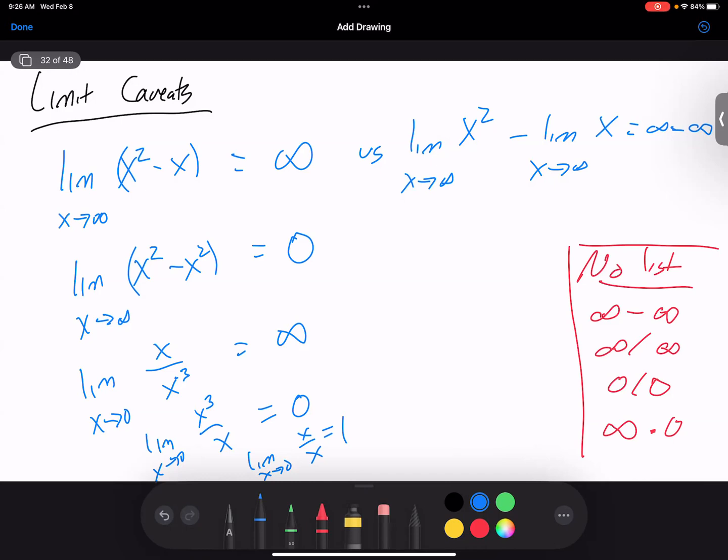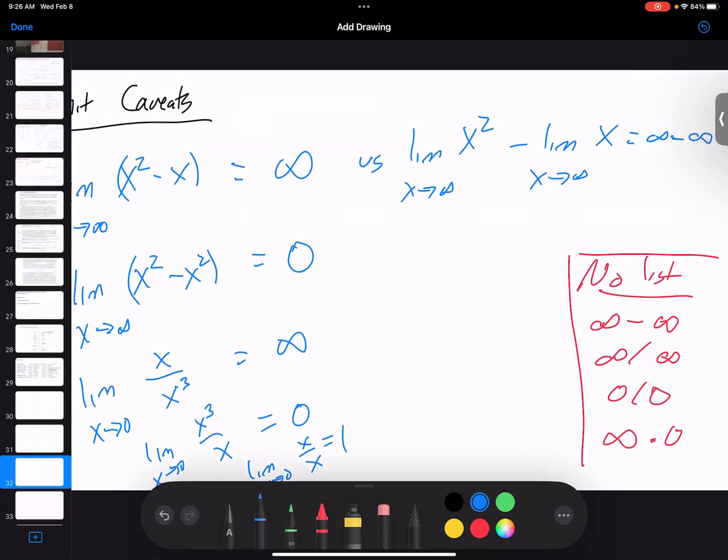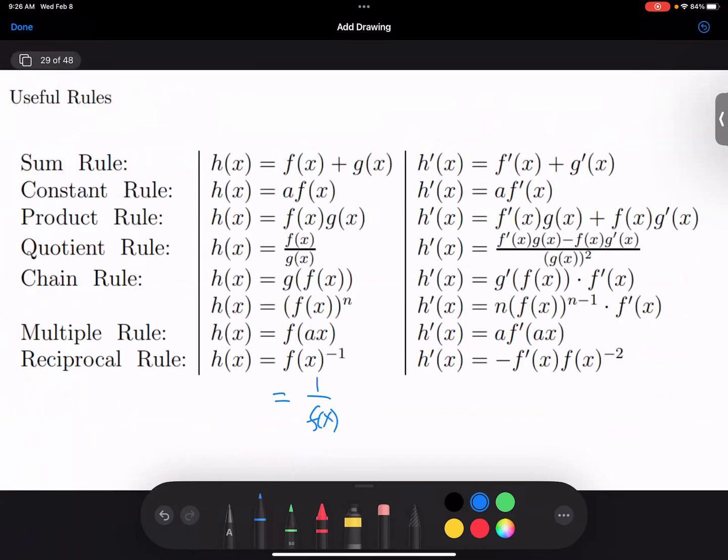When we state the quotient rule, what must be true if we're going to work with the quotient rule? What must be true if we want to use the quotient rule? G of x can't be 0 at the point where things are happening. We are not allowed to divide by 0. If the numerator is 0, then we've got 0 over 0, and there may be a way to make sense of it.